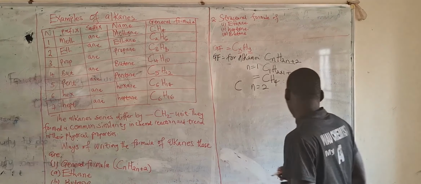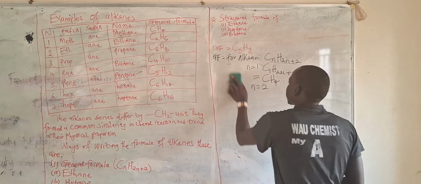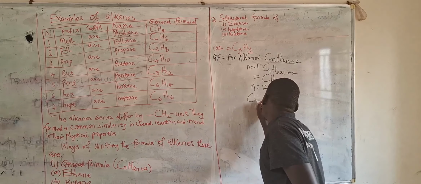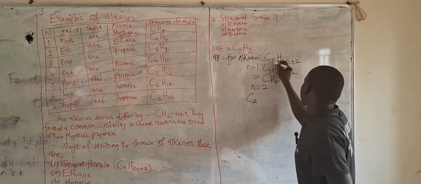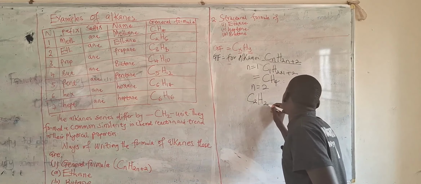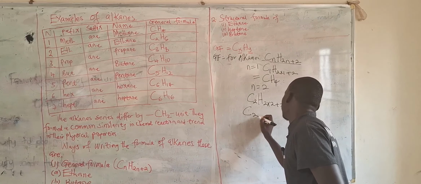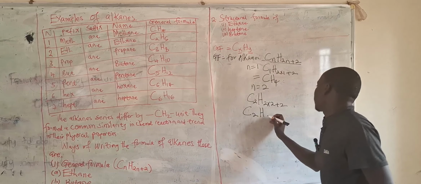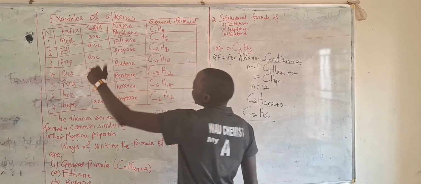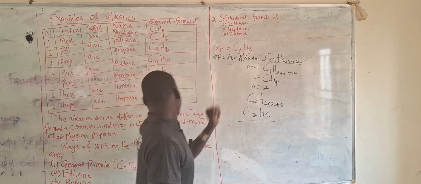So we have C2, and H(2 times 2 plus 2), which gives C2H6. That's how you get it. Similarly, you just substitute the given n in this general formula.